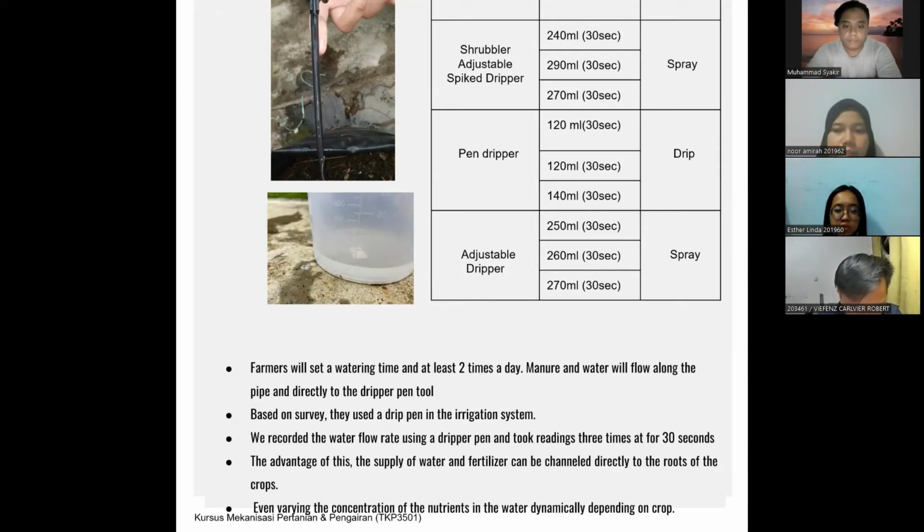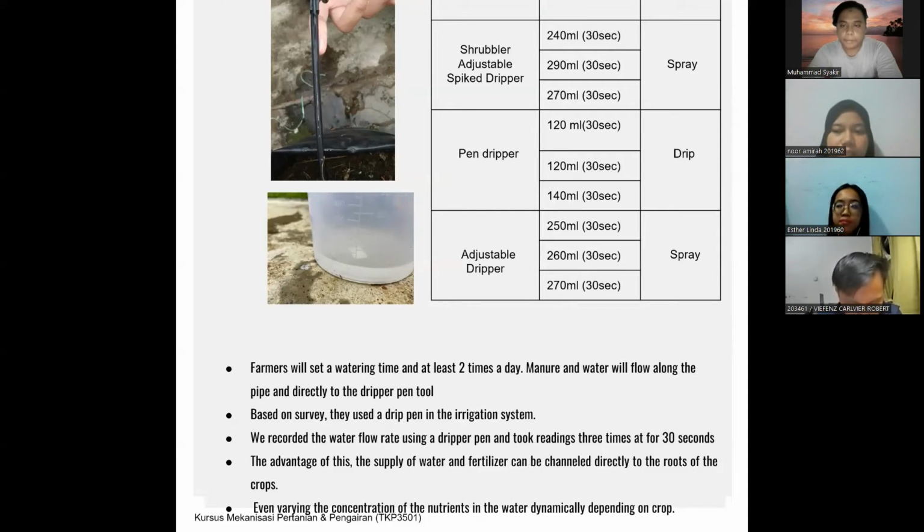The second component is the lateral lines. Okay, this component is installed horizontally, especially for gravity methods and the use of pumps at small pressure.